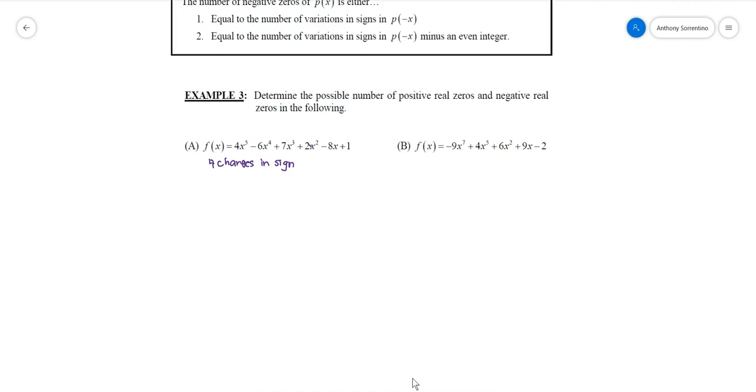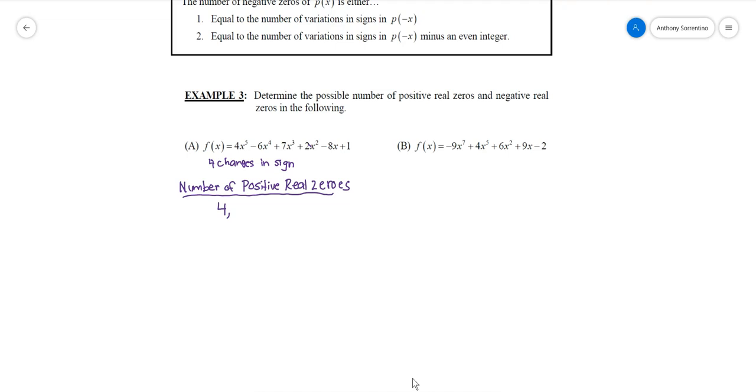That means the number of positive real zeros is going to be either 4 or that number minus an even integer.